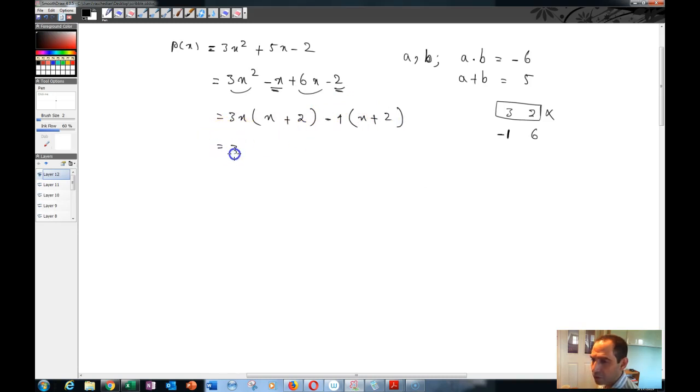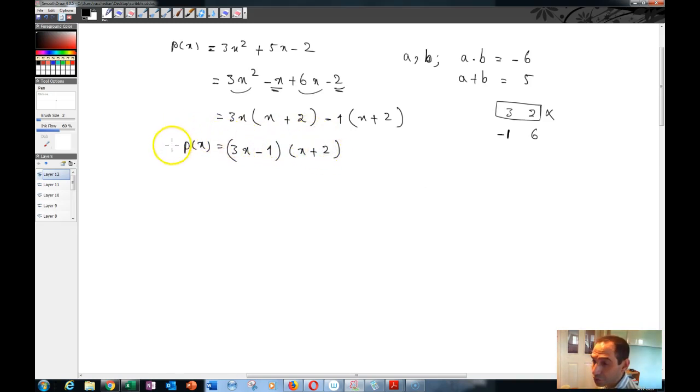And then this is going to be equal to 3x minus 1 times x plus 2. So these are the factors of your polynomial. So now p of x, you can write it basically as 3x minus 1 times x plus 2.